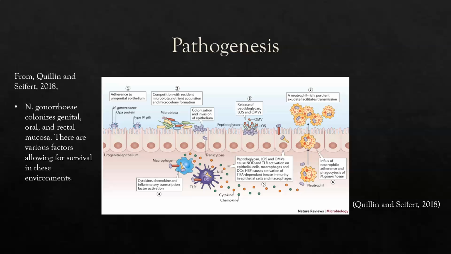From step 5 to 6, we see the release of pro-inflammatory cytokines and chemokines by these innate immune signaling pathways, which then create cytokine and chemokine gradients that go on to recruit polymorphonuclear leukocytes, or neutrophils, to this infection site. Finishing off in steps 6 and 7, we see the interaction with and phagocytosis of our bacteria, and the influx of neutrophils makes up a purulent exudate that then facilitates transmission.